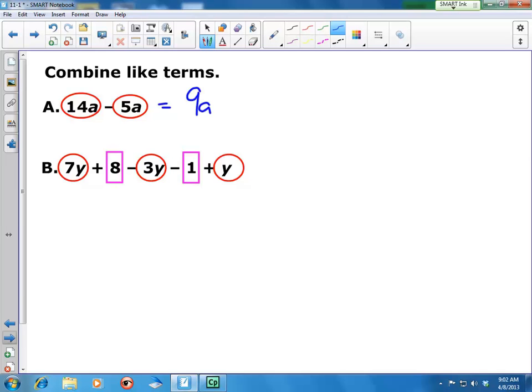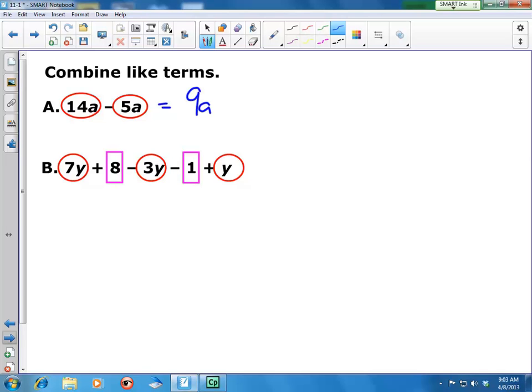Let's take a look at letter B. Letter B is a little bit more difficult because we have two different kinds of terms in this one. We have y's and we have just coefficients, meaning just numbers. Now, when we're combining these, we also need to look at the sign in front of the number because that's going to determine whether we add or subtract.